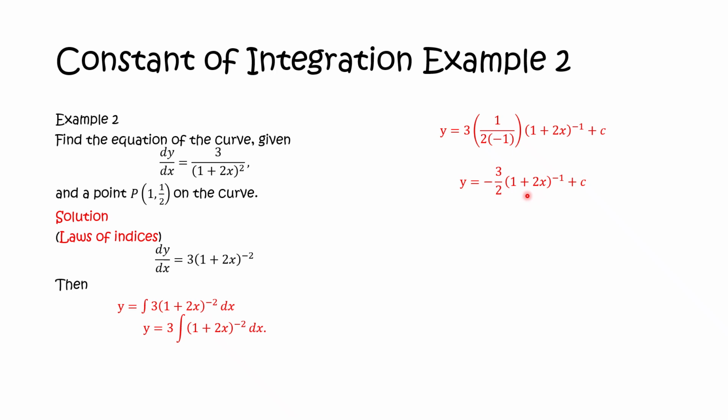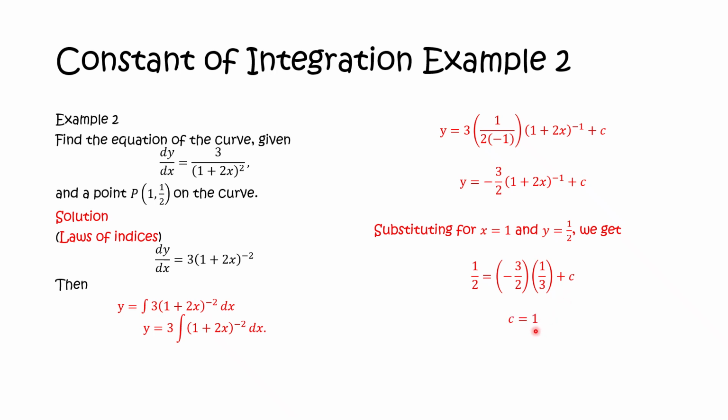what is of concern to us is finding the value of c. Now we are given the point (1, 5), so we substitute for x and for y at those coordinates so that we get our c to be equal to 1.